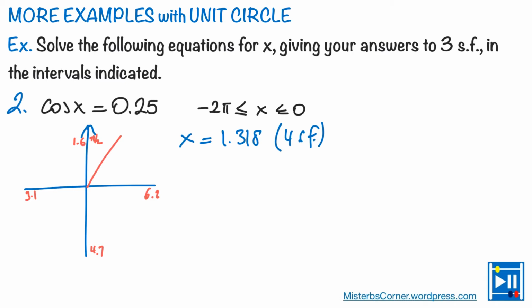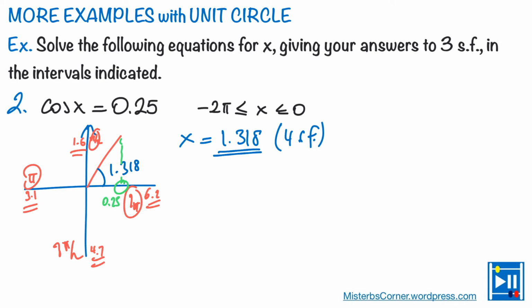You can also, if you're good at this, keep them as pi over 2, 3 pi over 2, and 2 pi. Actually, these are the official ones, but it's best if you know their numeric values to some degree, because then you will be able to figure out that this angle is in the first quadrant, and it's the cosine value here, which is 0.25, that this angle gives us.